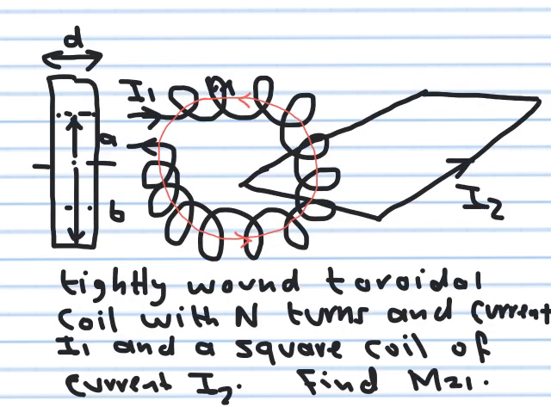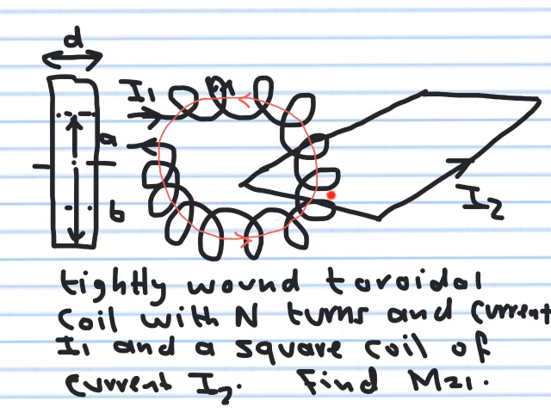Now this toroid coil cuts through a rectangular coil. Okay, so this toroid cuts through the plane of the rectangular coil. So you have the current I1. The current I1 will create a magnetic field H. The magnetic field H will create a magnetic flux density B1.